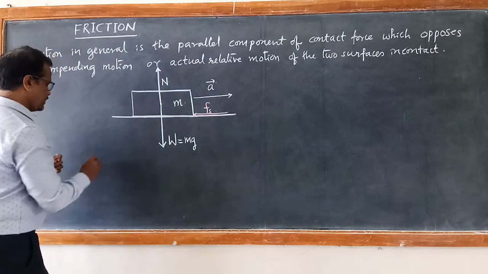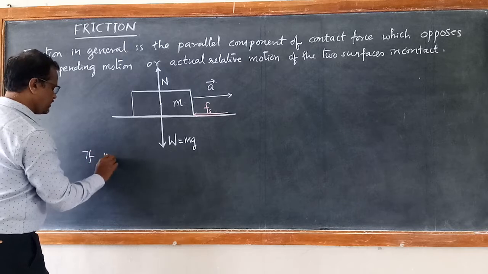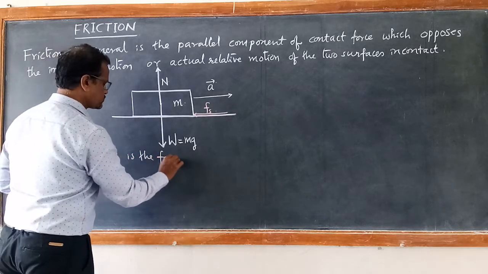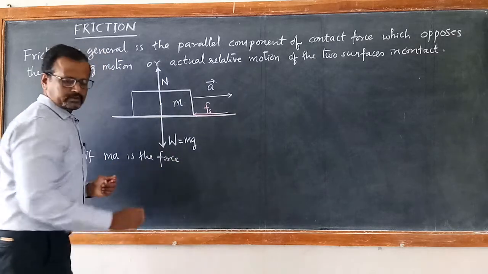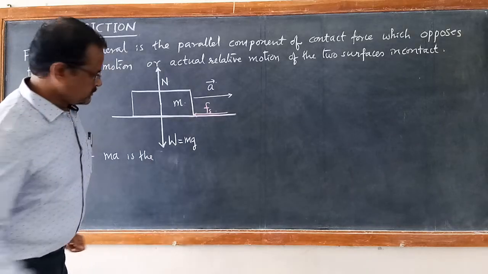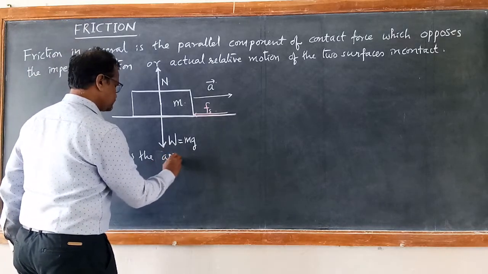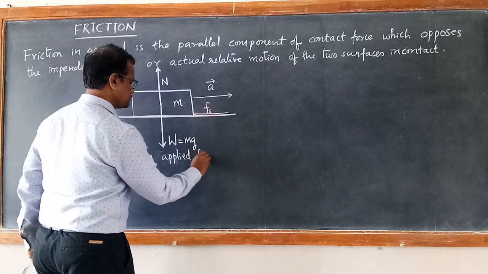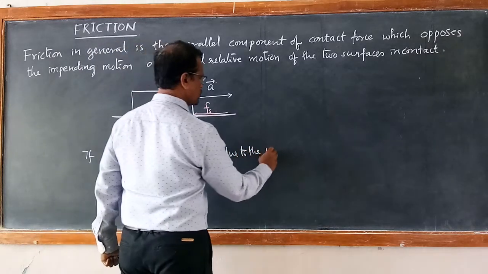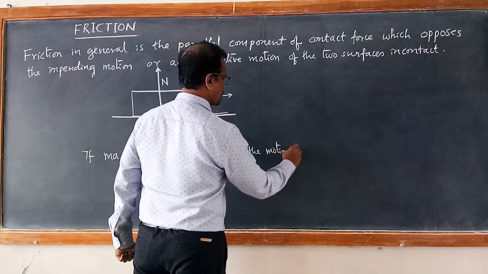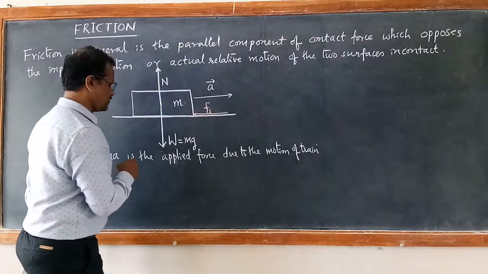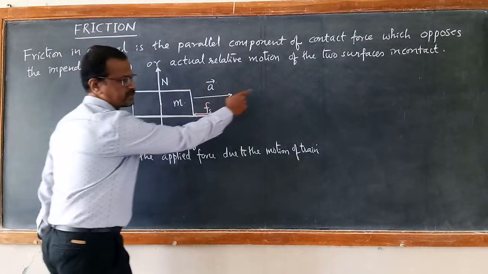So here, ma is the applied force due to the motion of the train, where m is the mass of the box and a is the acceleration of the train.